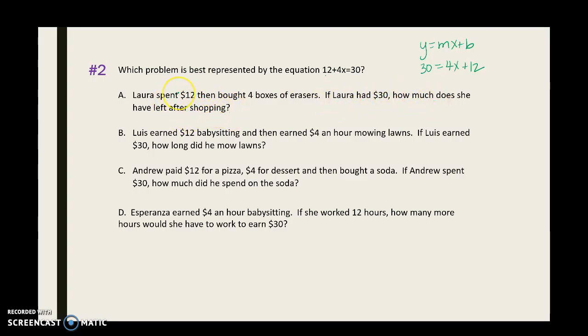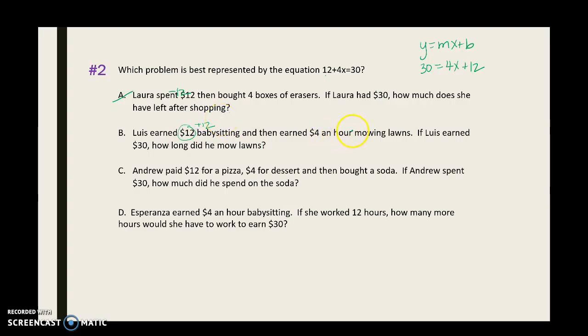Well, if she spent 12, I would be subtracting 12, and that's not any of our scenarios. All right, he earned $12 babysitting and $4 an hour mowing lawns. If he earned $30, how many hours did he mow? Sounds pretty good to me because it's $12, so that's plus 12.